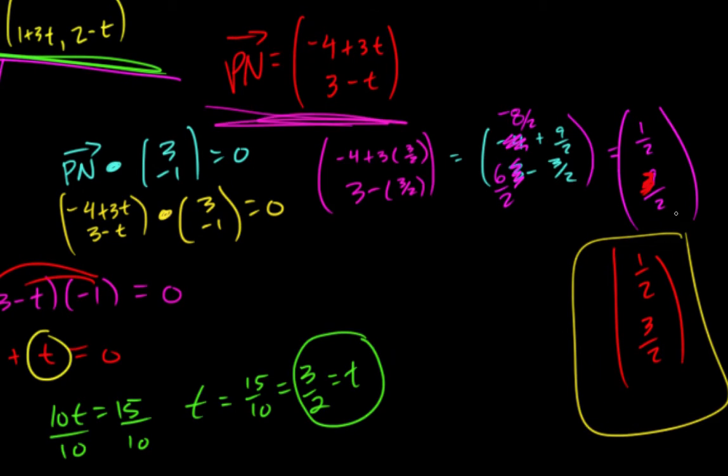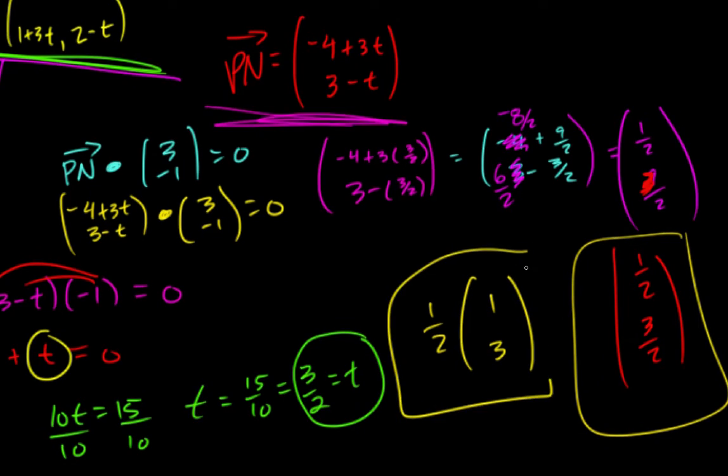If we want to, we can take out a 1 half to make it look a little bit nicer, and so that would be 1, and that would be 3. And so there's that. And if we want to know the distance, we need to take the magnitude of this.